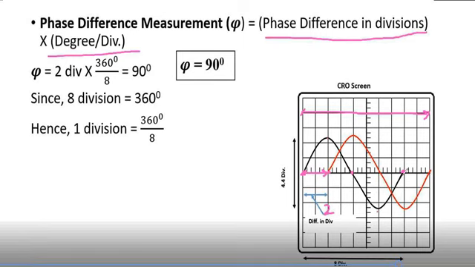Now this complete cycle takes 360 degree, and how many divisions does this cycle take on the screen? Let us calculate. Total number of divisions are 8. So 8 divisions take for 360 degree cycle or complete cycle.